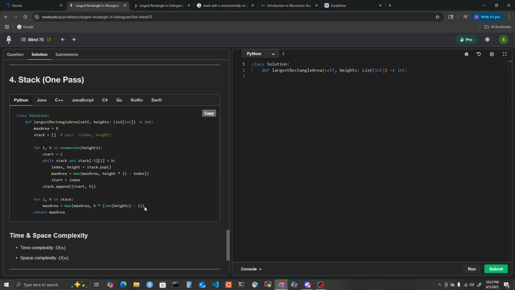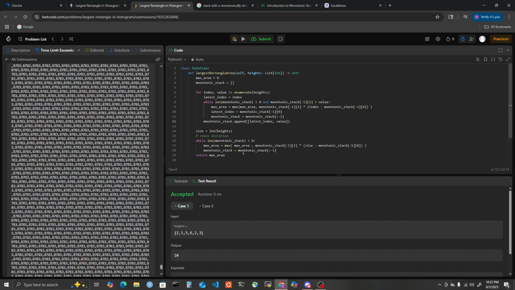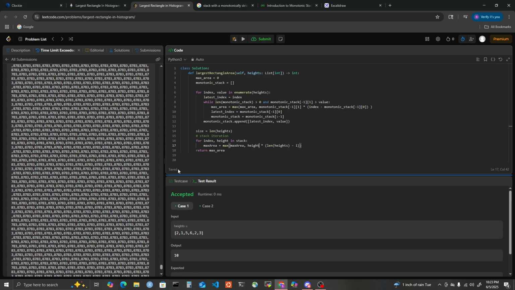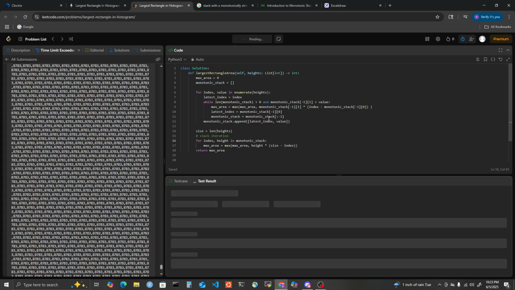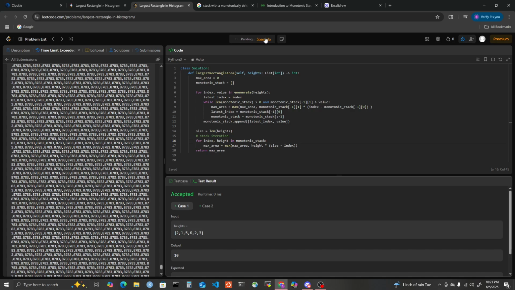This is not run without the optimal solution. See if that runs the optimal solution.